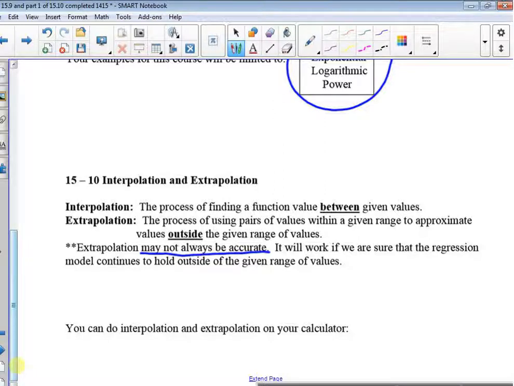So it really works best to try to hold them as close to between the range of data points or slightly outside of the data points that you already have. You can do interpolation and extrapolation on your calculator.